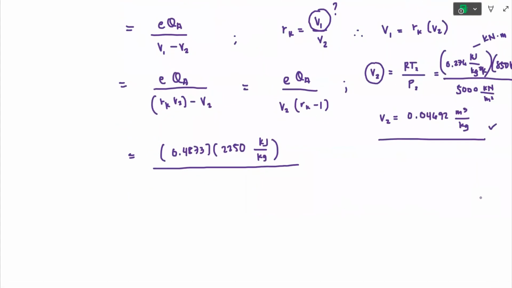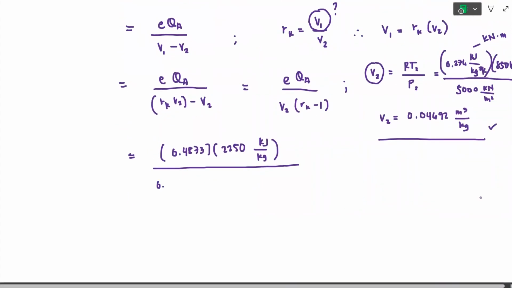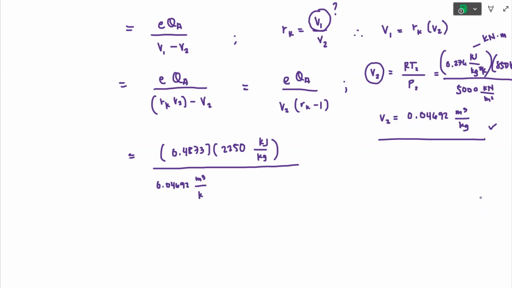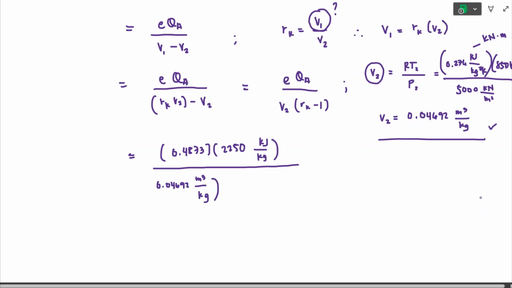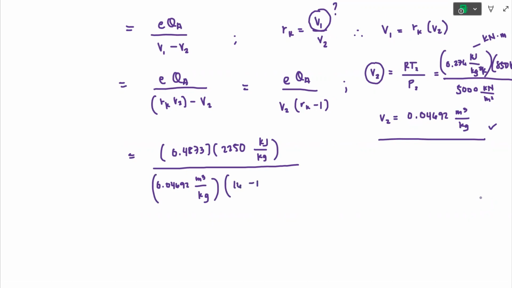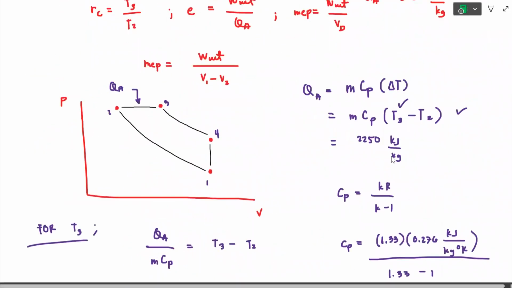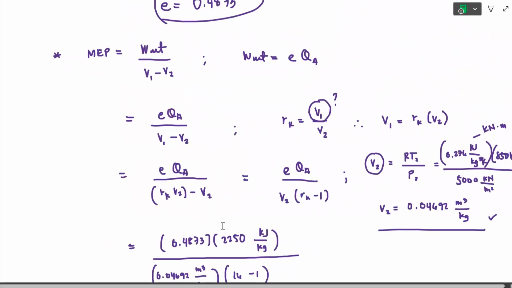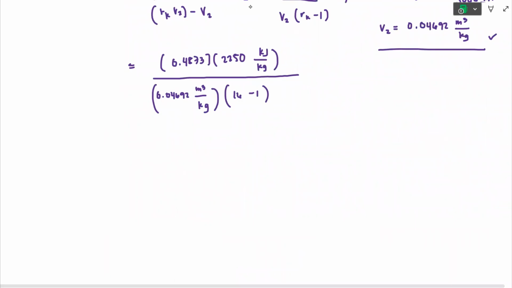So V2 is 0.04692 meter cube every kilogram. Okay, tapos yung RK minus 1 is 16 minus 1. Check mo. Ayan o, binigay yung RK. 16 to 1. Okay. Ito, kilonewton meter. O, cancel yung isa dito. Maging dalawa. Cancel na ito.